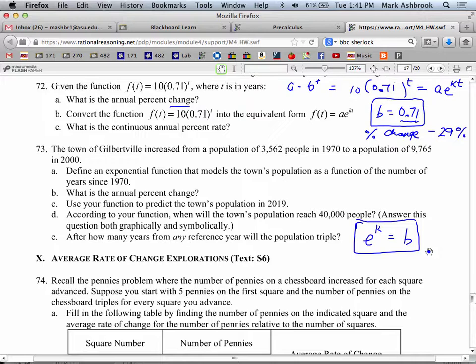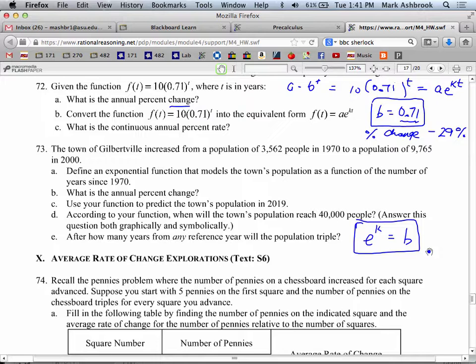The true percent decrease comes from b, the true growth or decay factor. K is the continuous rate, which is like an APR. It has to be combined with continuous compounding, and then it results in the true percent change.